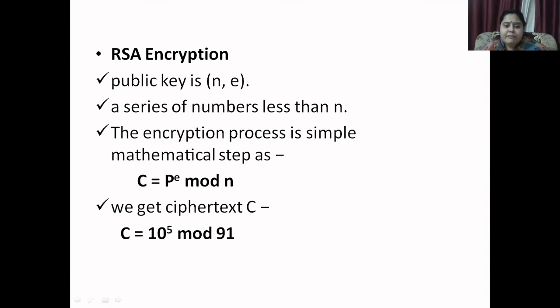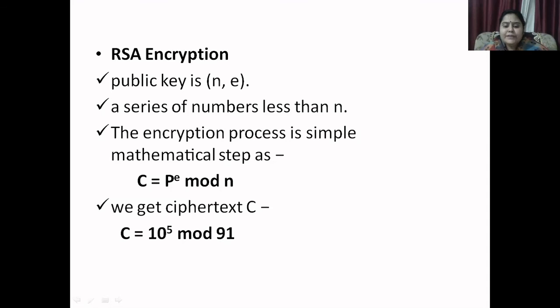To encrypt the first plain text P, which is a number modulo n, the encryption process is a simple mathematical step: C equals P to the power e mod n. In other words, the ciphertext C is equal to the plain text P multiplied by itself e times and then reduced modulo n. This means that C is also a number less than n.